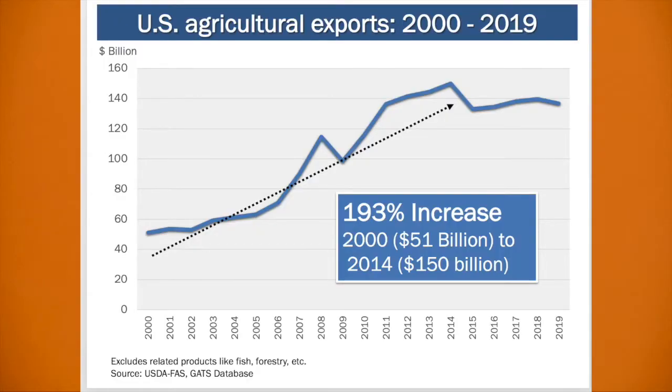To go to the next slide, what you'll see is how much agricultural exports have grown since the year 2000. The point I want you to see here is just the overall growth. Since the year 2000 up until about 2014, agricultural exports increased nearly 200%, so about 193%.